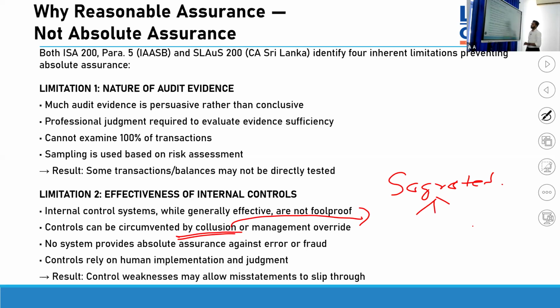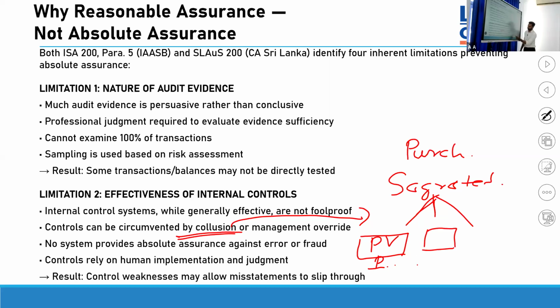Let's think about the purchase process. Once we purchase, we should pay the supplier. At the time of payment, they have the control. We need to raise a payment voucher. It must be prepared by a lower level employee, and also it must be checked by another person.